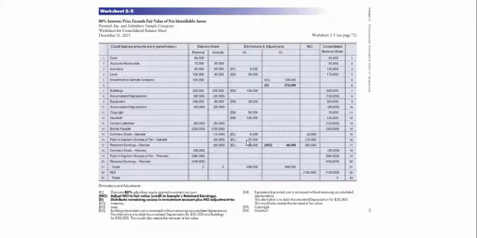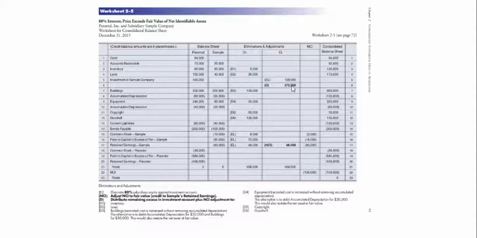So our 80% equity is going to be removed, and there's the other side, which is going to hit the investment in the sub. Then we distribute all the assets and put in the goodwill.